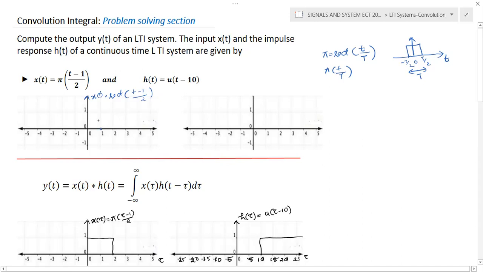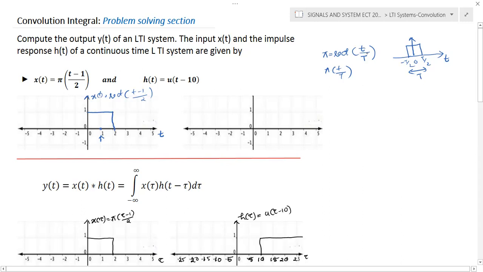So you can draw a pulse which is centered at t equal to 1. So this is the t axis, and the width of the pulse is 2 units. So towards the right 1 unit, left 1 unit. If you choose 1 as the center, you can draw a waveform like this. So this is the waveform rectangle (t minus 1) by 2.